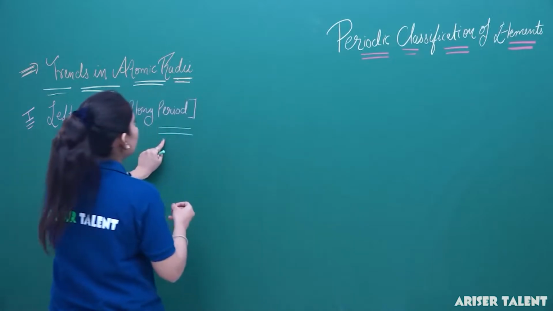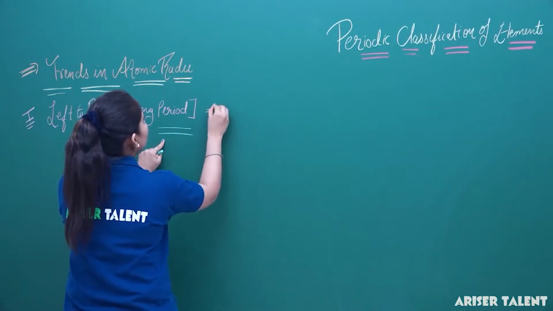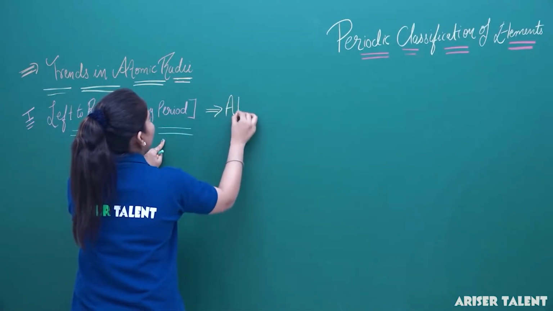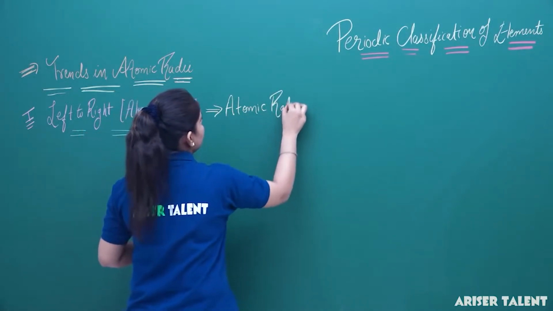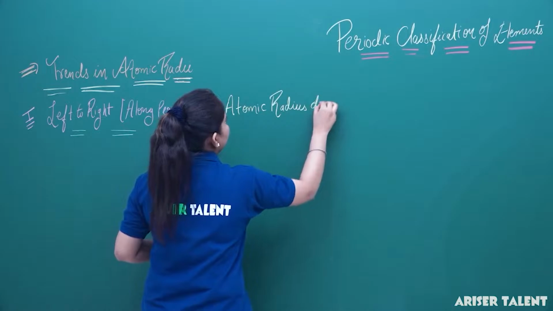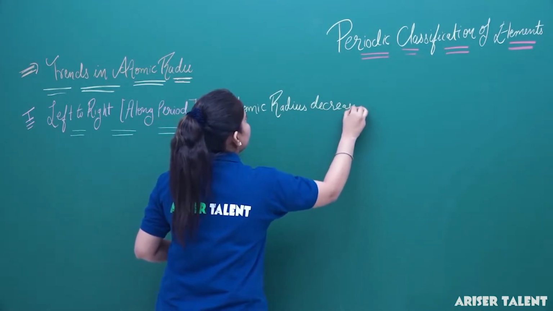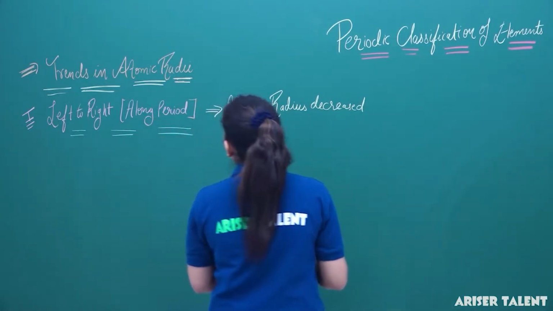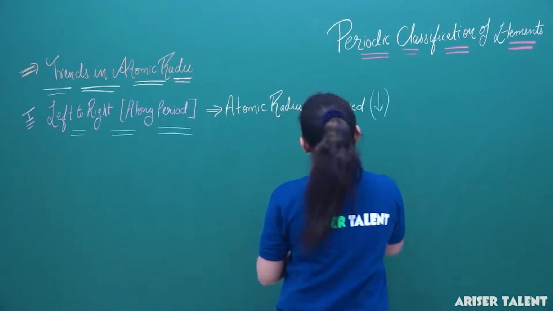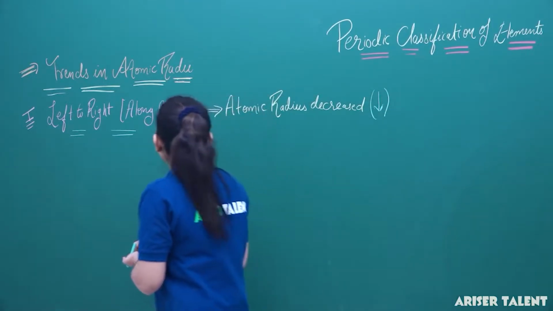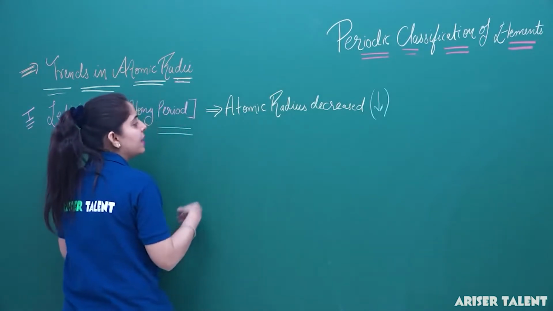So from left to right, along the period, atomic radius is going to decrease. Why, in moving from left to right, is atomic radius decreasing? Atomic radius is decreasing because no new energy shells are added.